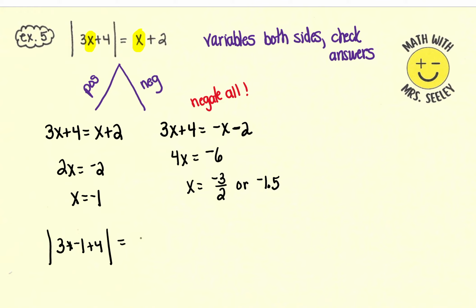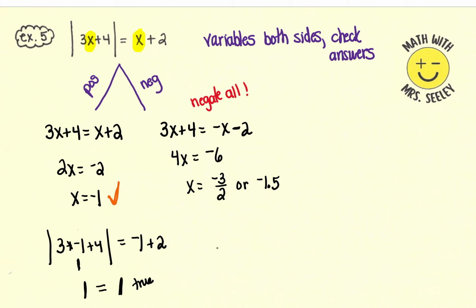And then on this side, I'll say negative 1 plus 2. Well, 3 times negative 1 is negative 3, plus 4 is 1. The absolute value of 1 is 1 equals 1. This is a true statement, so that means this one is going to check.